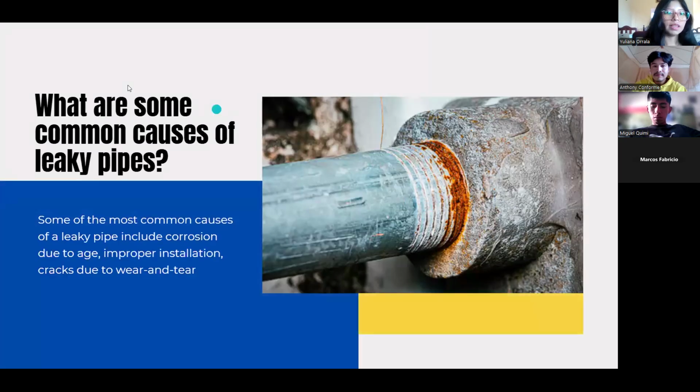Now, how can you know some common causes of a leaky pipe? Some of the most common causes include corrosion, deterioration, improper installation, cracks, and wear and tear. It could also be high water pressure.